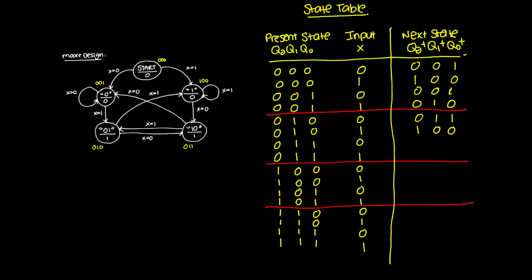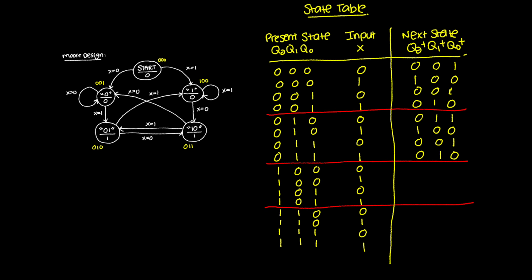Okay, and from state 0, 1, 1, that's this. If my input is 0, then I move over here to state 0, 0, 1. Conversely, if my input is 1, then I am going to move over here to state 0, 1, 0.